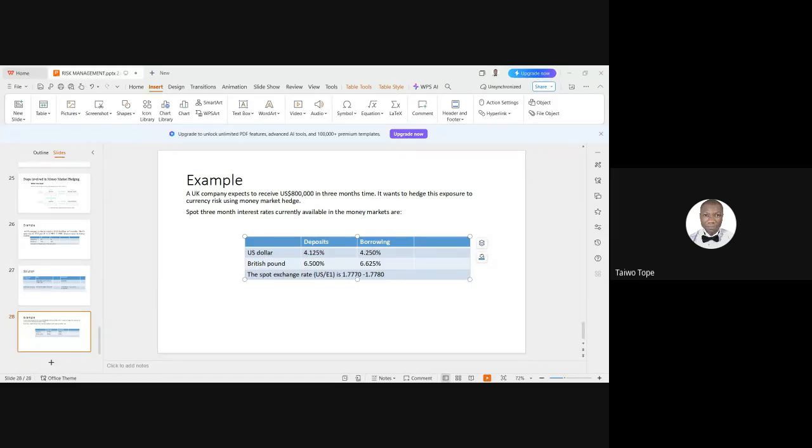So let's attempt it. The first point, you are expecting to get 800,000. So you can quickly go and borrow. How much will you borrow? It will be 800,000 divided by one plus your interest.